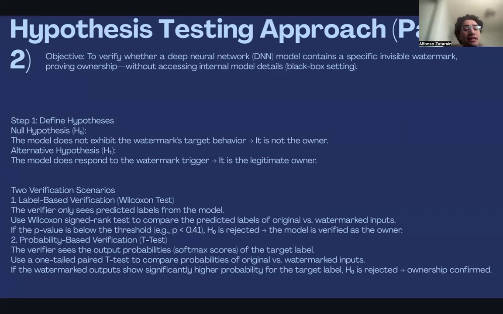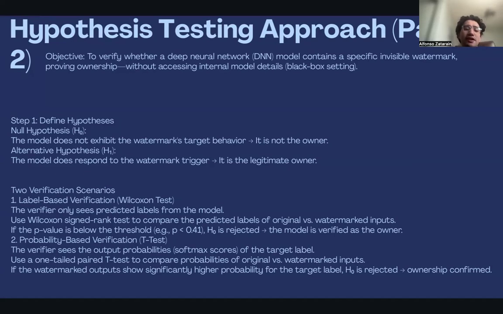For our first step, as you may have already guessed, we have a hypothesis test, which has a null hypothesis. What is the null hypothesis here? The model does not exhibit the watermark's target behavior, so this means it is not the owner. For the alternative hypothesis, we have that the model does respond to the watermark trigger. This would mean that it is the legitimate owner.